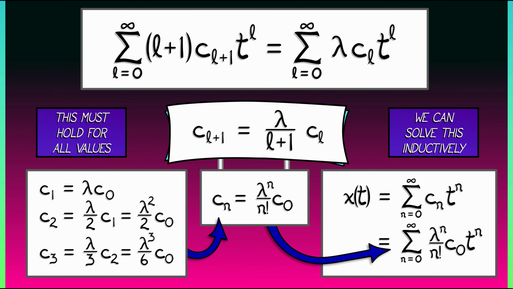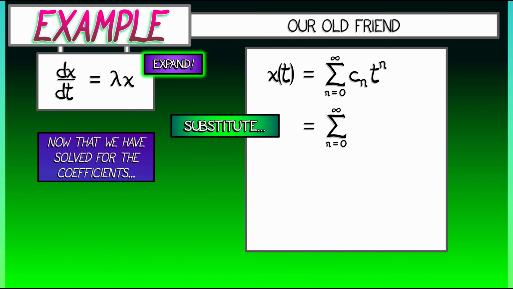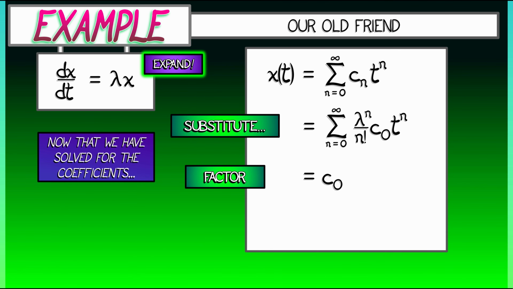And now we're almost done here, because if we go back to when we started working on this problem and we have x of t in terms of this series, we now know what the coefficients are. If I factor out the c_0 that appears in every term, then what's left over is the sum n goes from 0 to infinity of 1 over n factorial times, what I can do is take the lambda and the t, put them together, raise that to the nth power.